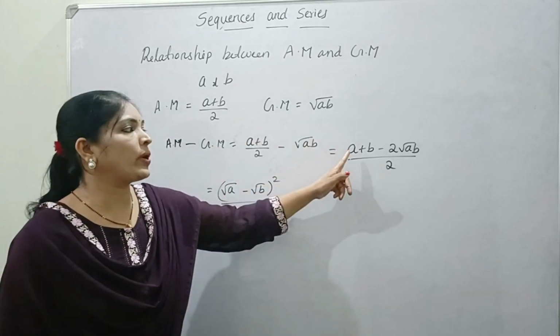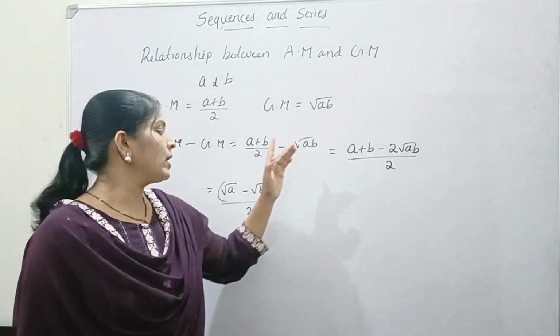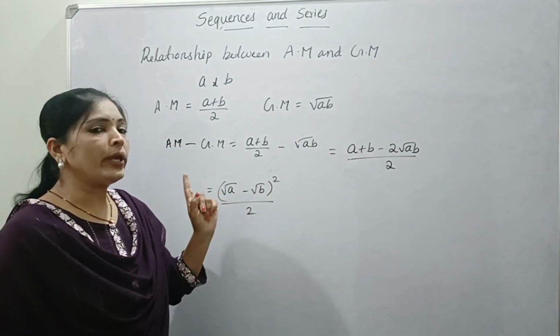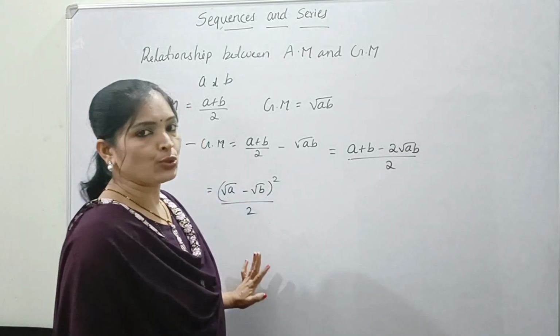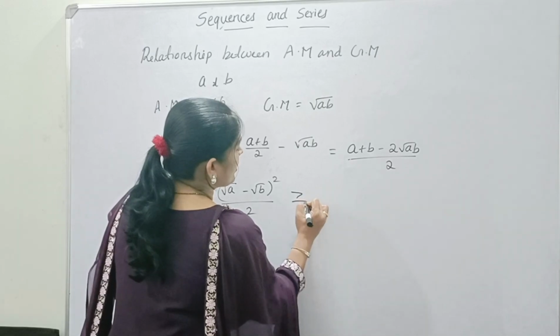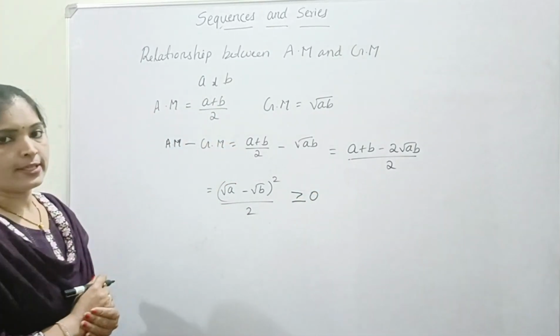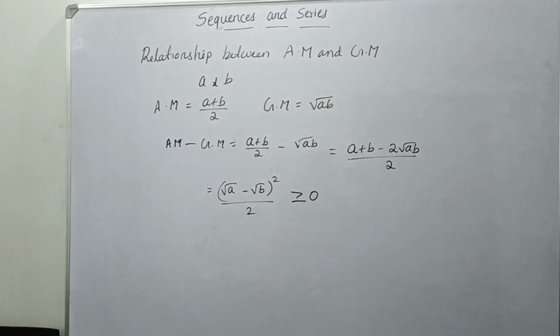So let us expand this one. Root a square is a itself, plus root b square is b, minus 2 into root a root b, divided by 2. So it is the relation. It is a square, so it is always greater than or equal to 0.